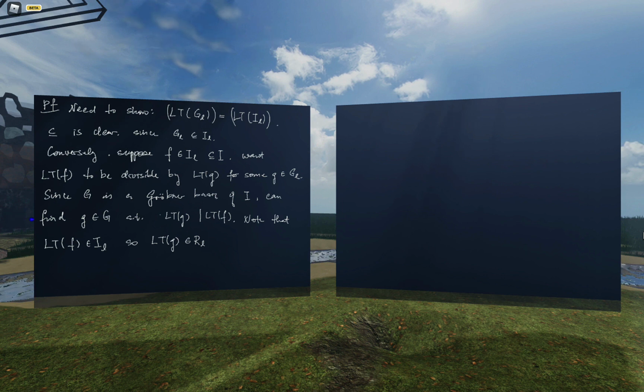It just means that the leading term of F, and consequently the leading term of g, don't have any variables from x1 to xl. So RL means only variables L plus 1 to n, so it does not have variables x1 to xl. And so if LT of g divides LT of F, and LT of F only has variables from L plus 1 onwards, of course the LT of g also has that property.